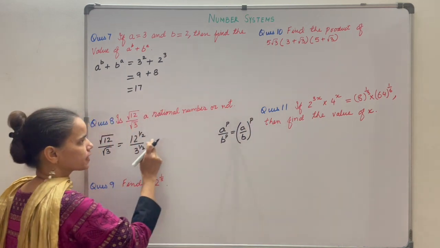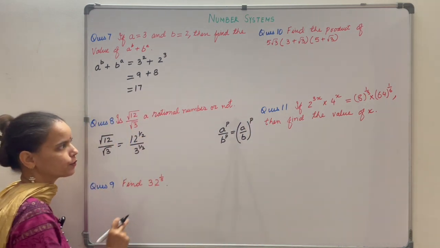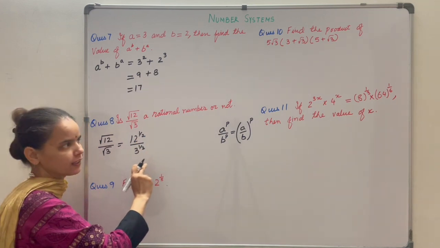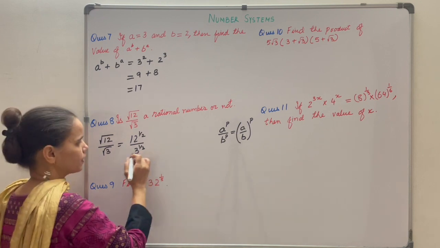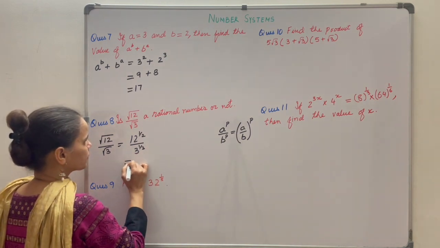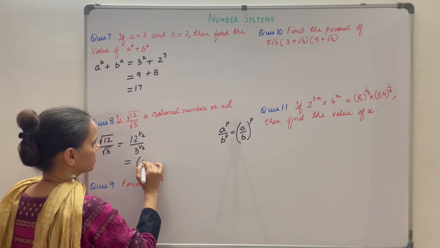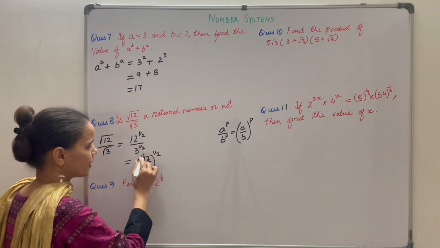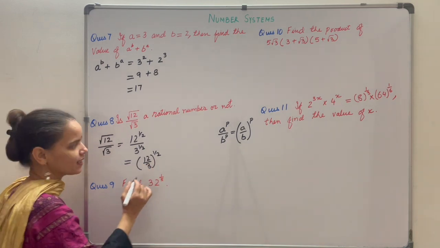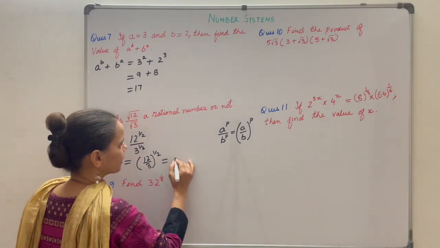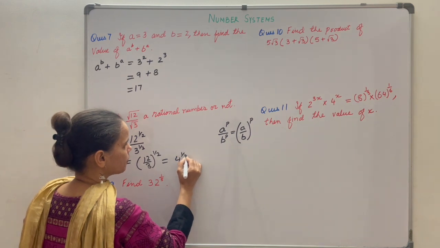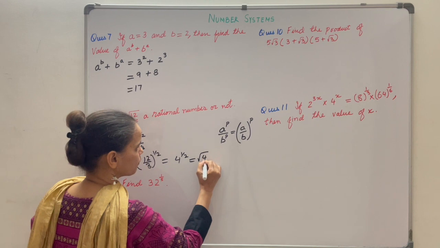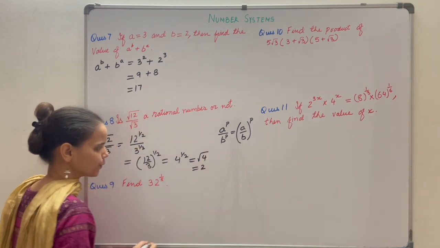So here instead of p we have 1 by 2, instead of a we have 12, and instead of b we have 3. So using this law, let us solve it. So what will you get? You will have 12 upon 3 whole raised to the power 1 by 2. And you can divide 12 by 3. So what will you get? 4. So inside the brackets you have 4. And this is raised to power 1 by 2. So you know that we can rewrite this as square root of 4, and that is 2.